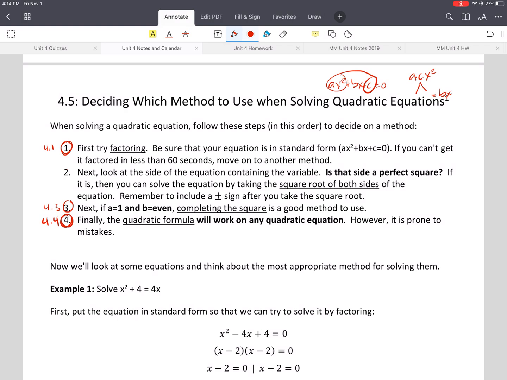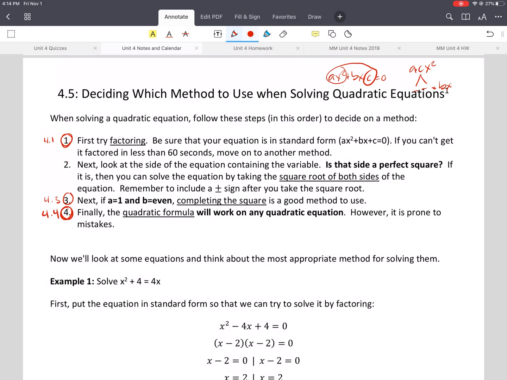And if you can't figure out these two things that make this work, then you should probably move forward, because like I said, not everything is factorable. So give yourself 60 seconds to see if you can find those two numbers. If not, go ahead and move on.